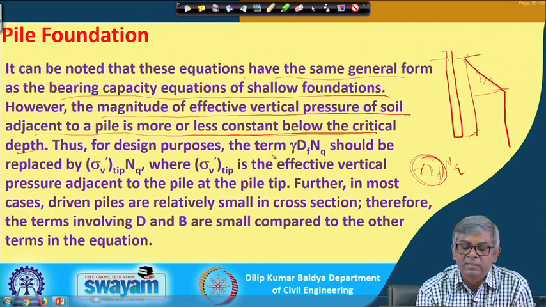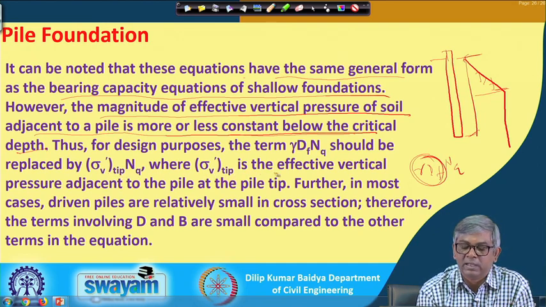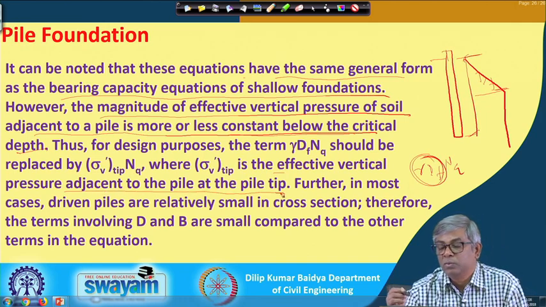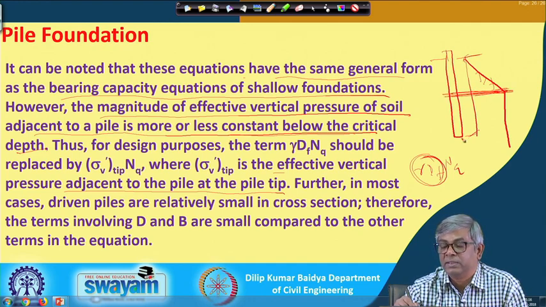Thus, for design purposes the term gamma Df Nq should be replaced by sigma v dash tip Nq, where sigma v dash tip is the effective vertical pressure adjacent to the pile at the pile tip. And how to do that? As we have restricted horizontal pressure here, the same pressure will be here.